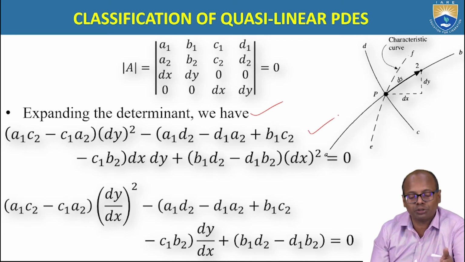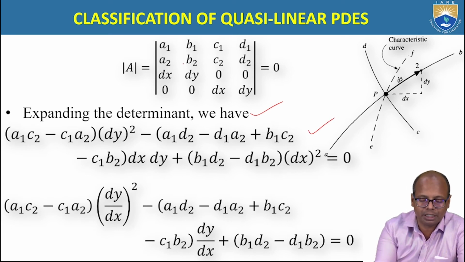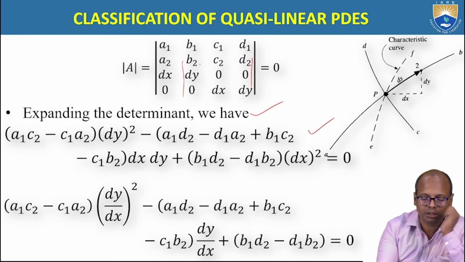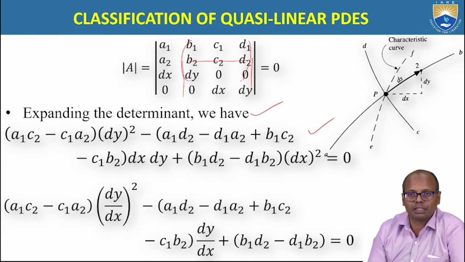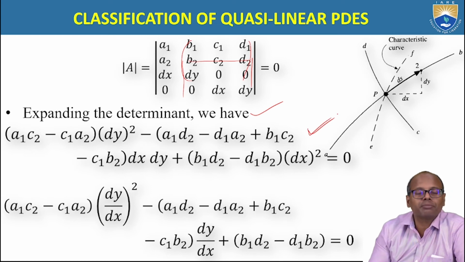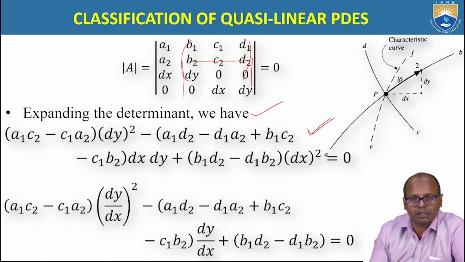I have to multiply with the determinant of this small matrix, plus I have to multiply this with the determinant of these 6 elements, and multiply this with the determinant of these 6 elements. If I simplify that, I will get this as the expansion of this determinant.